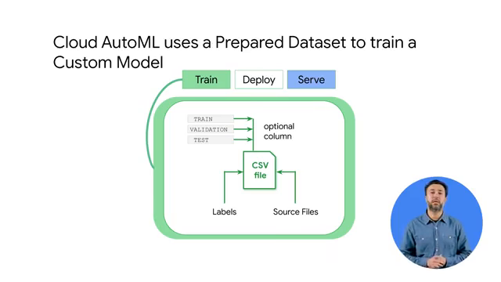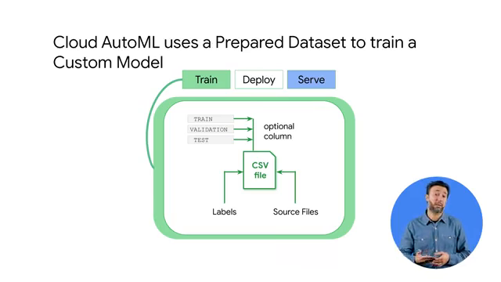The next column in the CSV file identifies source files that are hosted in cloud storage. These are paths beginning with gs://. The source file format depends on the kind of model you are training, but can also be compressed zip files.